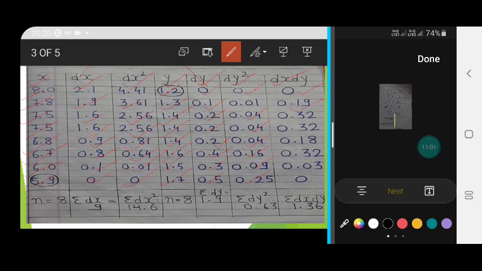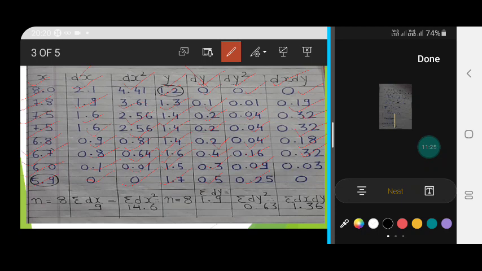Then 1.6 into 0.2 gives 0.32, and again 1.6 into 0.2 gives 0.32. Then 0.9 into 0.2 gives 0.18. Then 0.8 into 0.4 gives 0.32. Then 0.1 into 0.3.